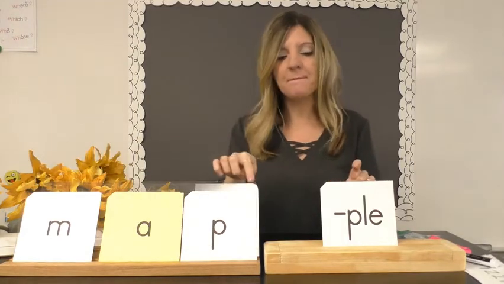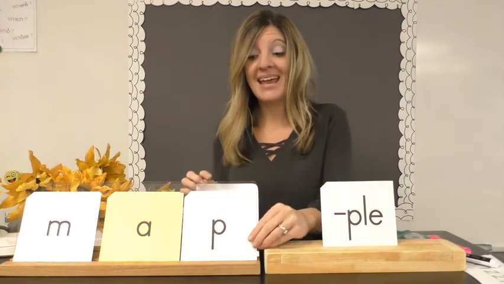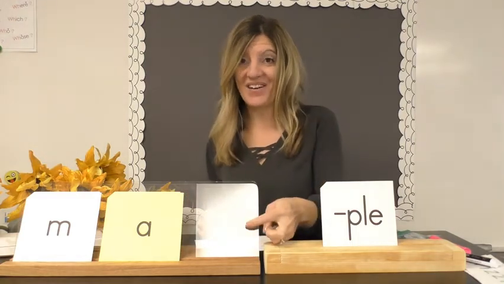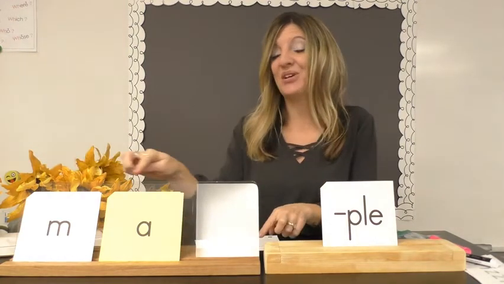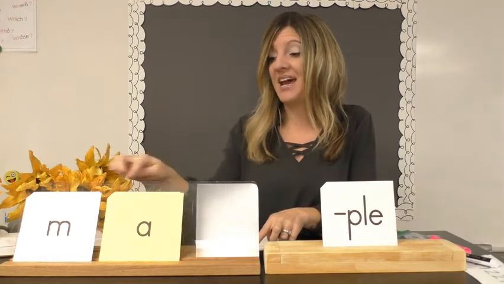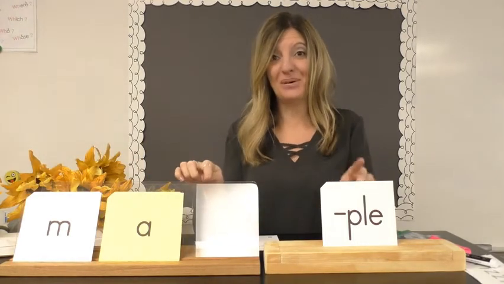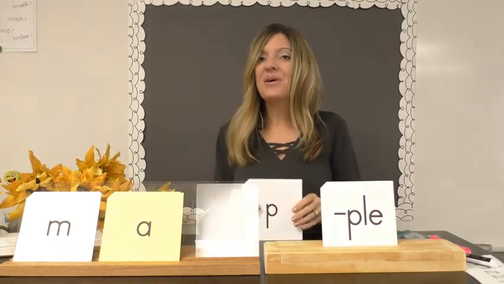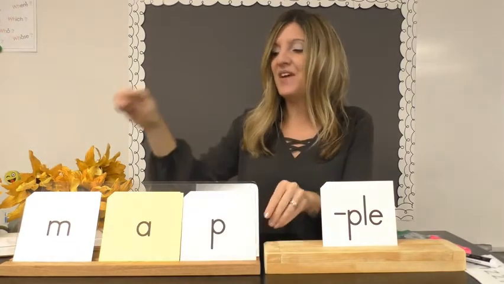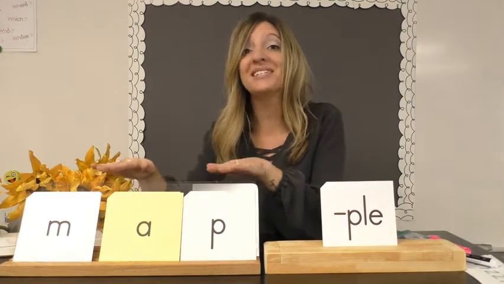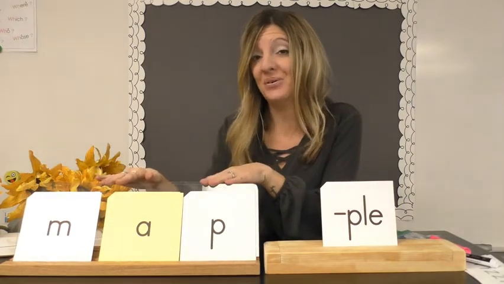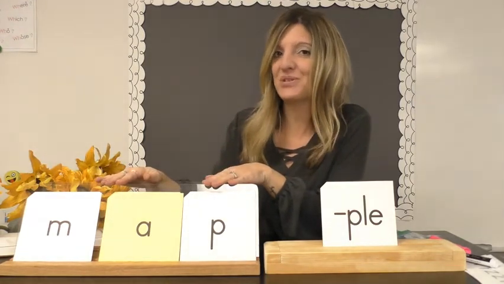This word would be map pull. If we didn't have a guardian consonant and this was open, this would say maple, like maple syrup. So it really comes down to this very first syllable and whether the syllable is open or closed and the vowel is short or long.